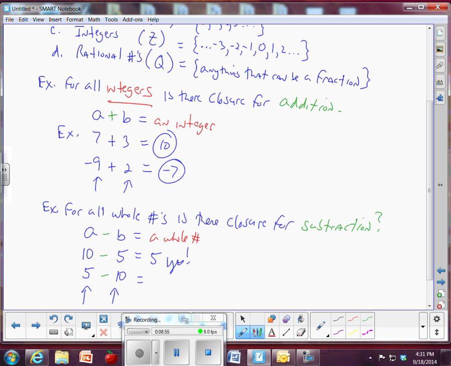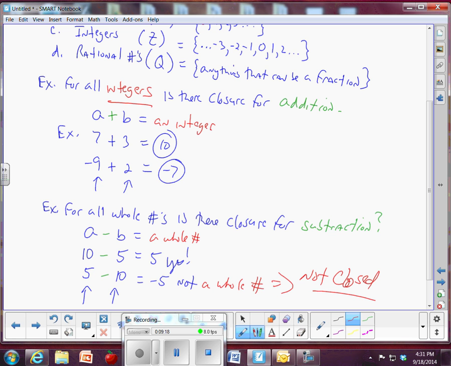And 10 negatives leaves you 5 negatives. Is negative 5 a whole number? And the answer is no, this is not a whole number. So that implies not closed. There's no closure for the whole numbers for subtraction.